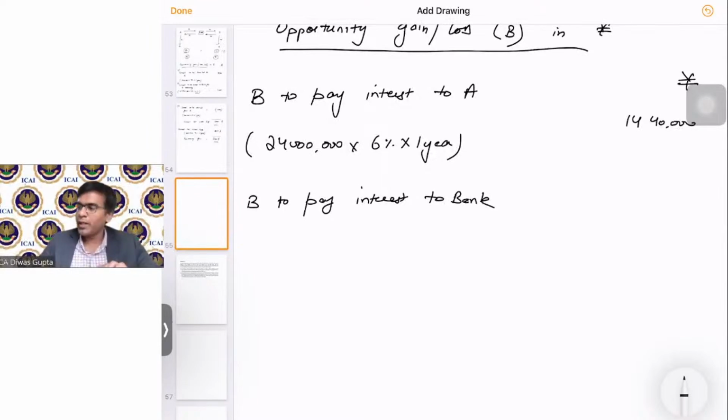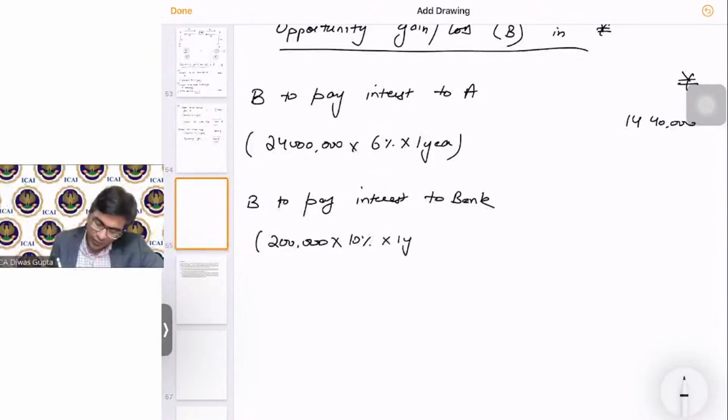B has taken a loan in dollars. So $2 lakh. Oh, sorry, what is the interest rate? B would have to pay 10% on the loan for 1 year. But since we are doing the calculation in yen, we will multiply this by 120. That is the exchange rate to arrive at the yen amount. So this comes as 2.4 million.